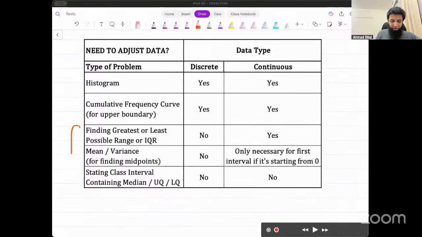But there are some cases in which for discrete you may have to adjust sometimes, for continuous you might not need to adjust. Or the other way around. Now what exactly are those scenarios? Sometimes they ask you to find the greatest or least possible value of interquartile range.